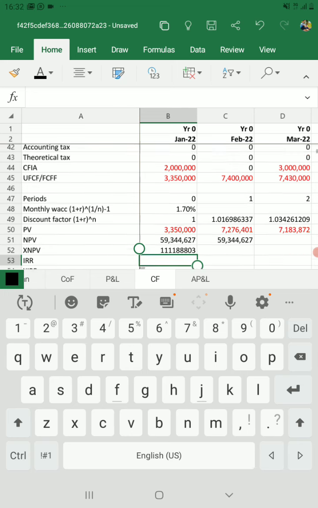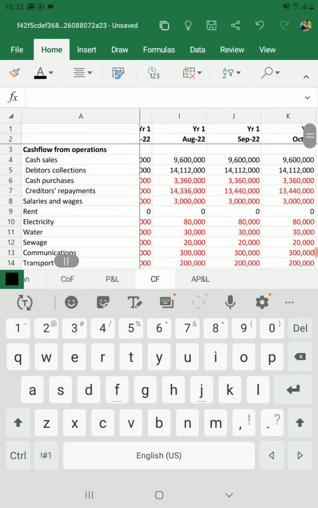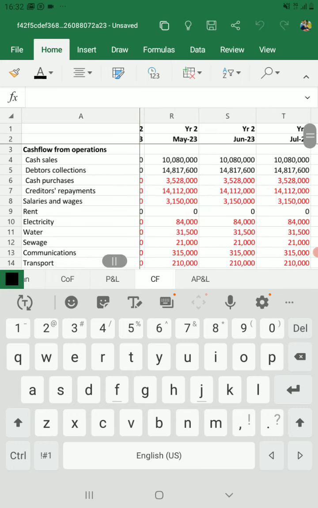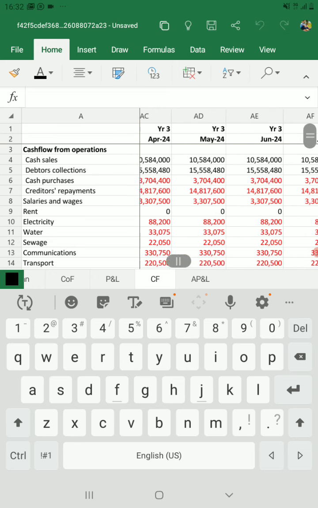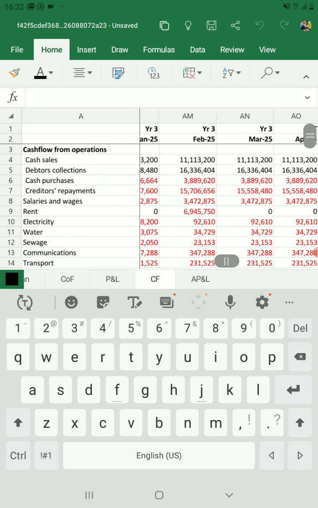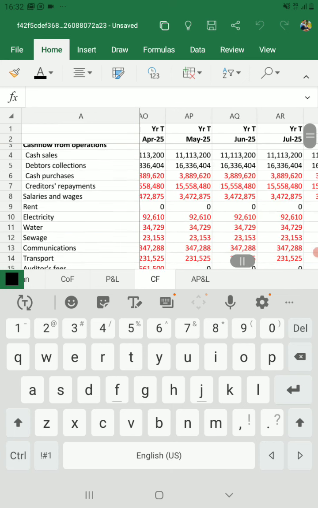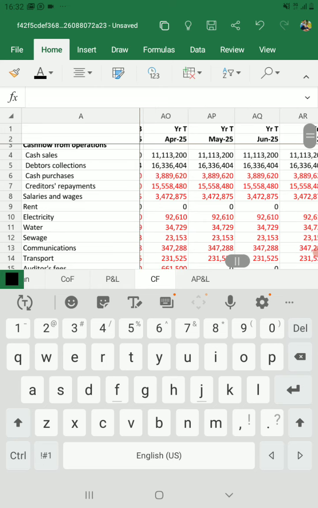Okay, let me see what happened, because I remember I typed period T, but I didn't see it when I was dragging my formula. It's not there either. So in which sheet? Yes, I'm in the monthly cash flow sheet.